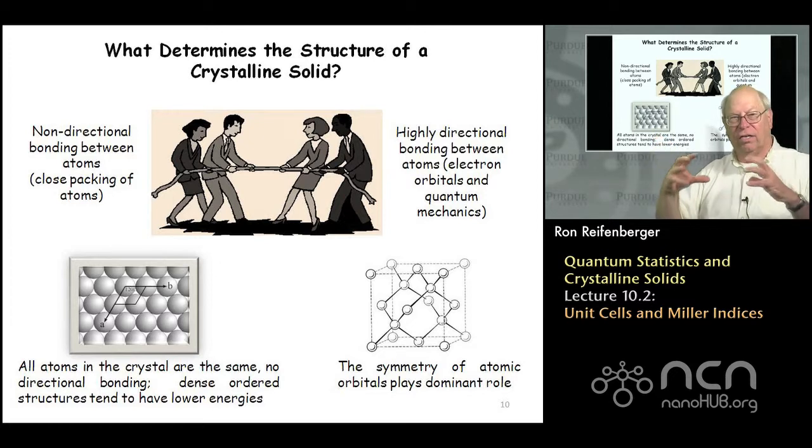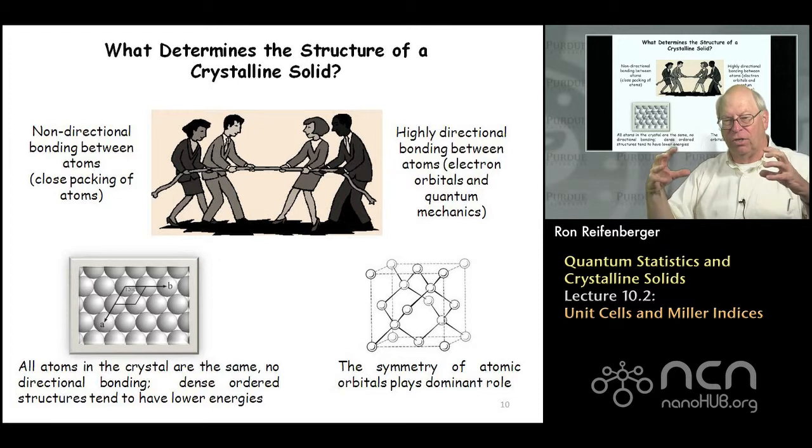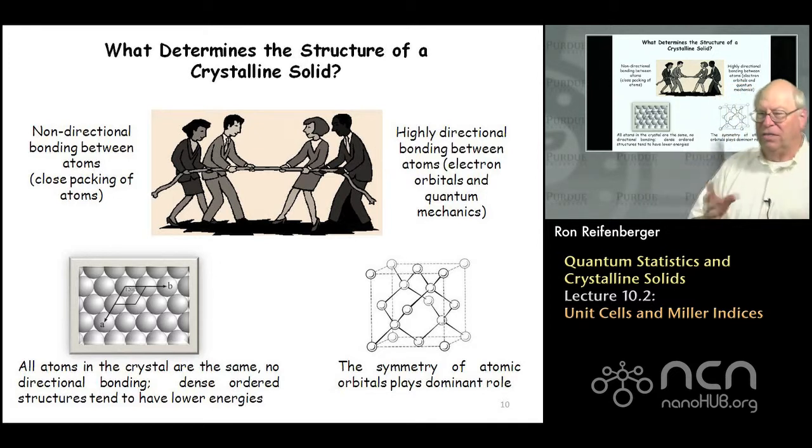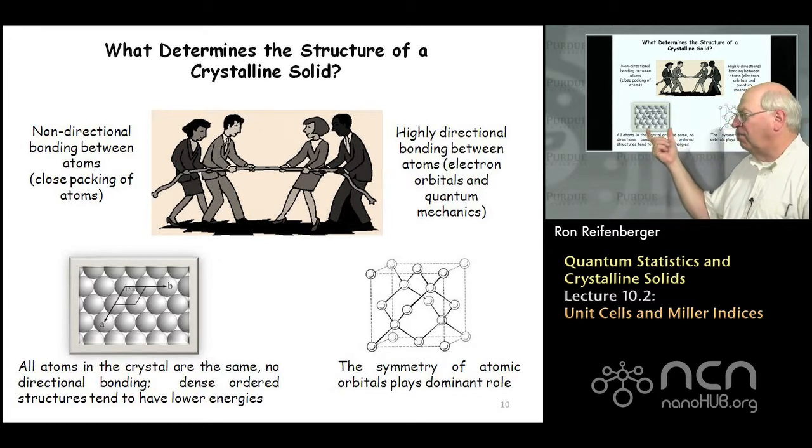The only thing that determines the final position of the atoms is how close you can push them together, and that's going to be determined in some sense by the atomic orbitals and the radii of the atomic orbitals that surround the nucleus of each atom. So that's one force that determines the structure of crystalline solids. And this force, or this paradigm, wins out for most metals.